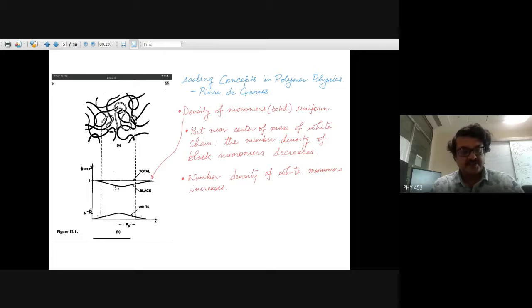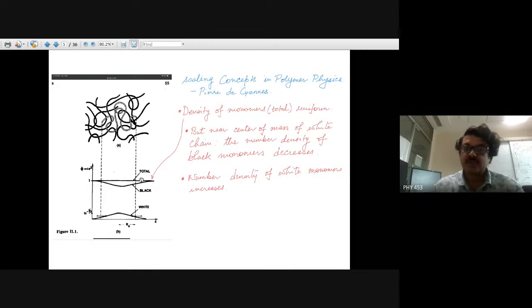It's not that there isn't. So there is a presence of black monomers. Black is just to denote the background while your focus is on the white chain. There are monomers from other chains which overlap, but gradually as you move towards the center, there's a relative depletion of monomers from other chains, whereas there is a relatively higher concentration of monomers of the white chain, and as a consequence, this is the distribution.